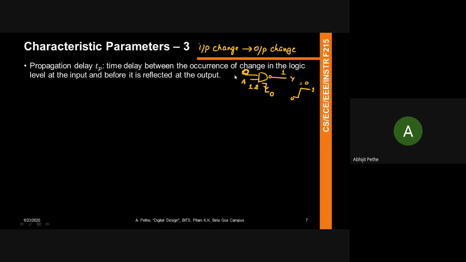So in this case, I don't need to worry about the propagation delay of this gate, because as long as one of the inputs is tied to 0, output Y does not depend on A, right? So whenever we talk about propagation delay of the gate, you need to talk about the conditions only when a change in the input is reflected by a change in the output. So both input and output have to change for you to define the propagation delay of the gate. Okay.